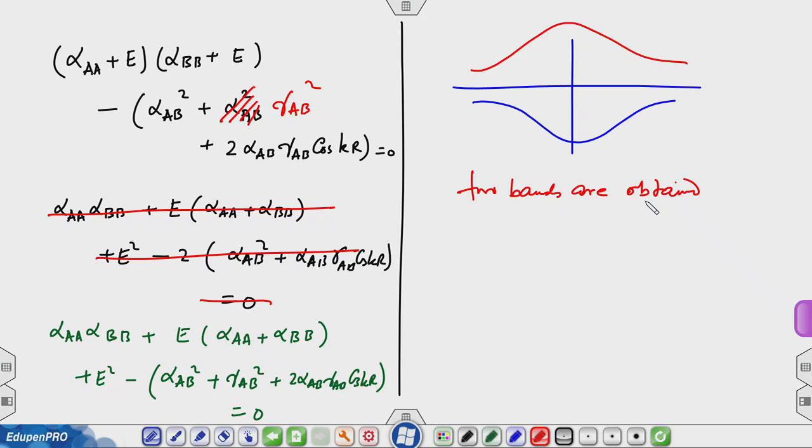So, this is like the 2 plane wave calculation we did in the nearly free electron model. Now, we have 2 atomic states that are giving you Bloch waves, and then we are diagonalizing the Hamiltonian or minimizing the expectation value of the Hamiltonian with respect to the coefficients that are used to make the Bloch wave function.